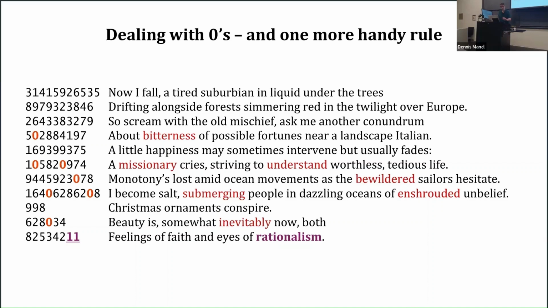But the second problem that we can overcome is at the very end here, the very last word. Don't look at the word yet, look at the digits of pi. It's a 1 followed by a 1.